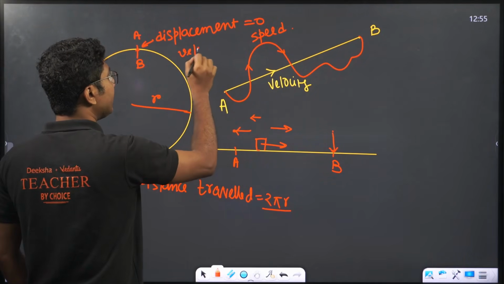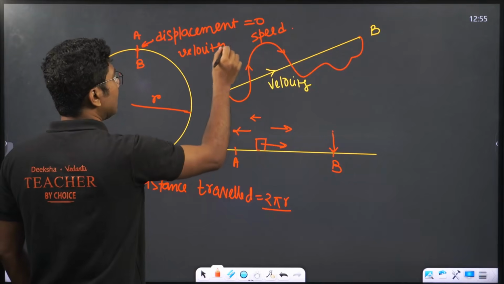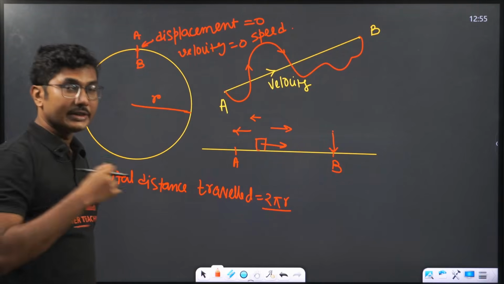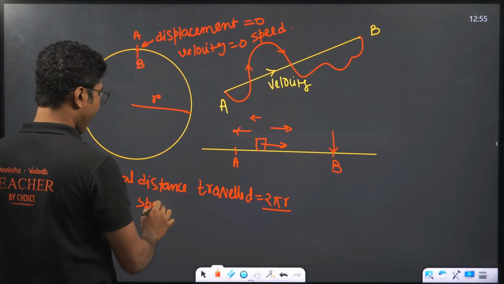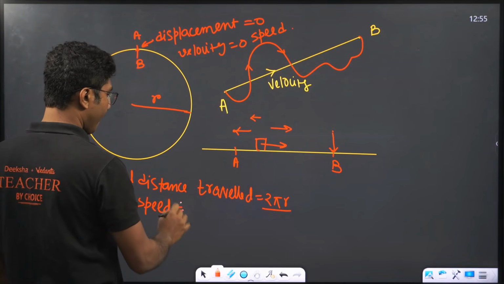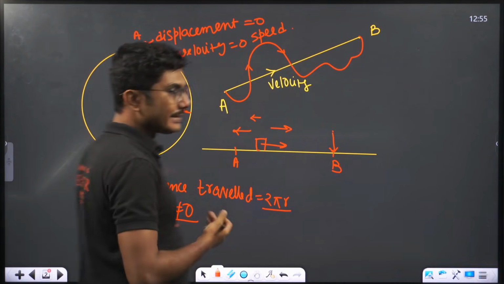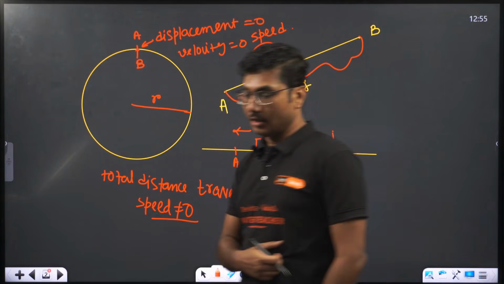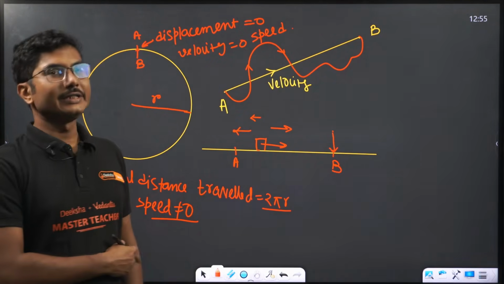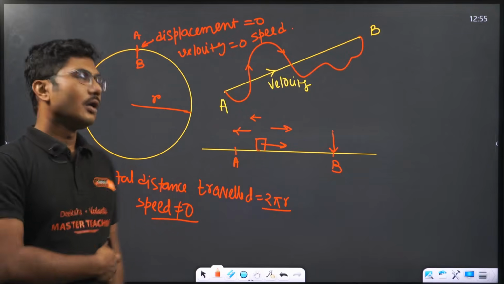The final velocity, the total velocity or average velocity is 0, but speed is not 0. Right? So velocity can be 0, speed cannot be 0. But if speed is 0, then velocity has to be 0.